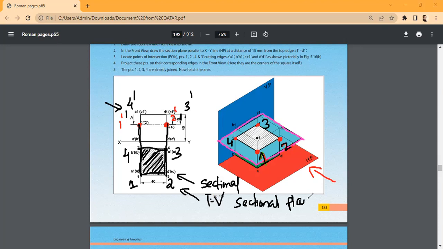This is called an elevation or front view. Okay, clear?